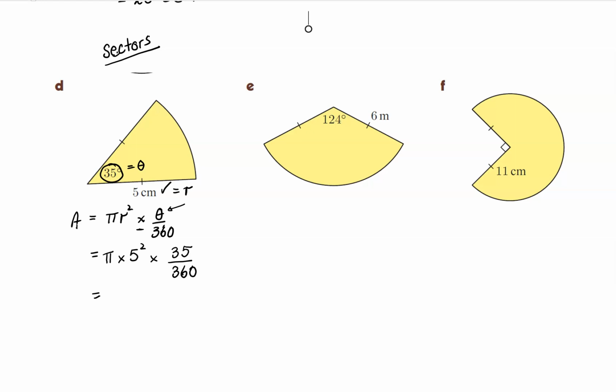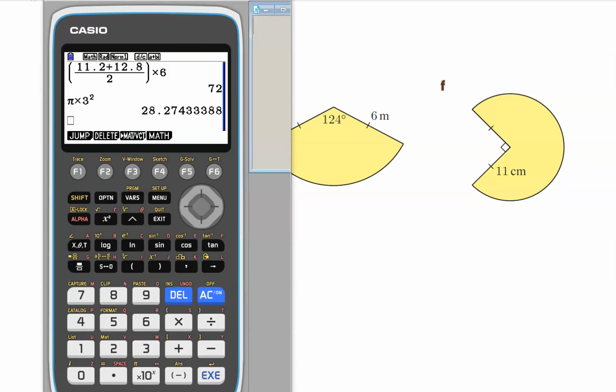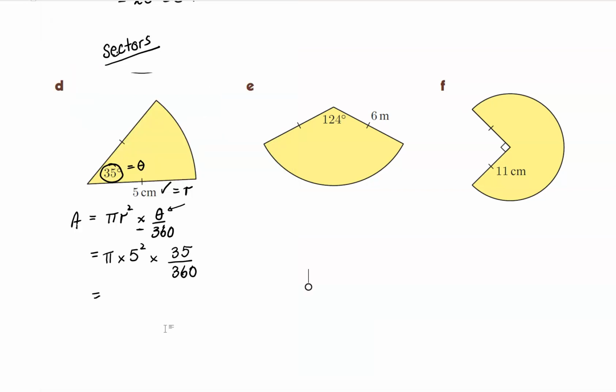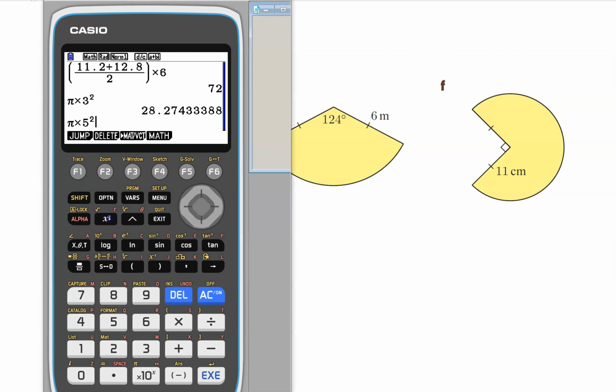And now it's all down to the calculator. So back to our trusty calculator, I'm going to say shift pi times the radius squared. Look at my memory, I forgot that, 5. So 5 squared times, I can pop my fraction in, 35 over 360, equals. Again mine does fancy pants.